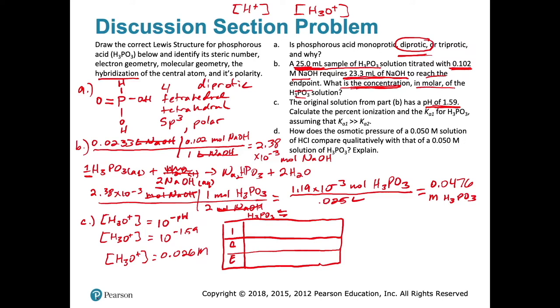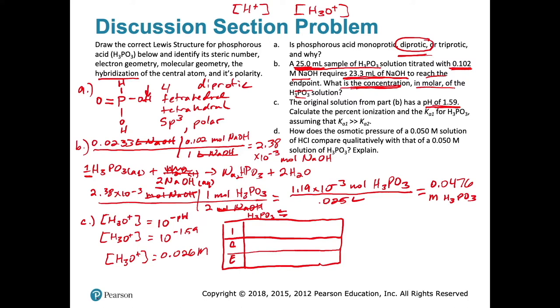But it's not, because in the problem, I asked you to only do one Ka, Ka1, not Ka2, not Ka3. So when I say only do one Ka, it means I only want you to remove one proton, that one right there.